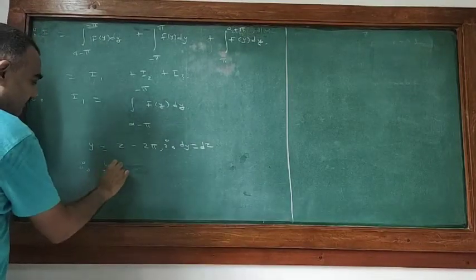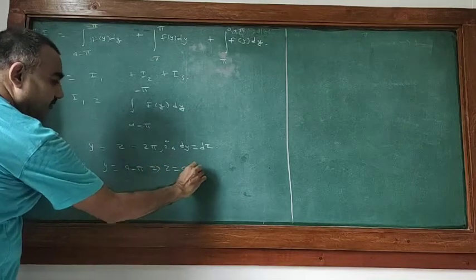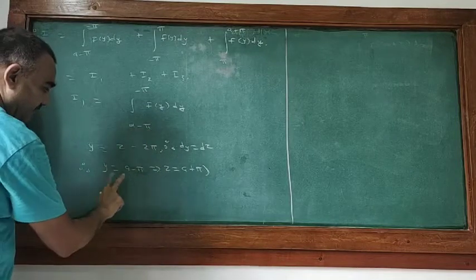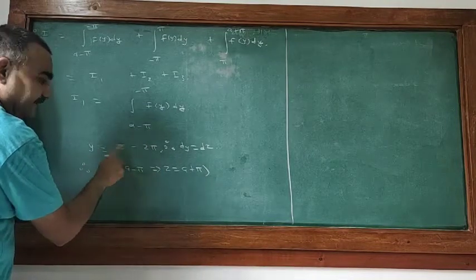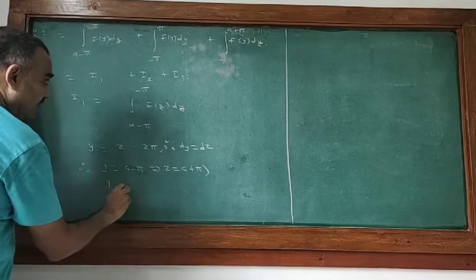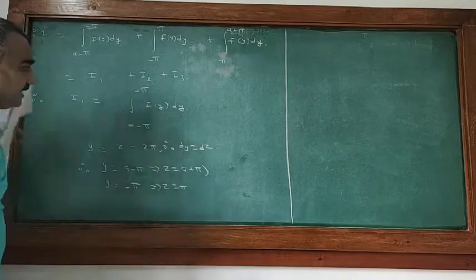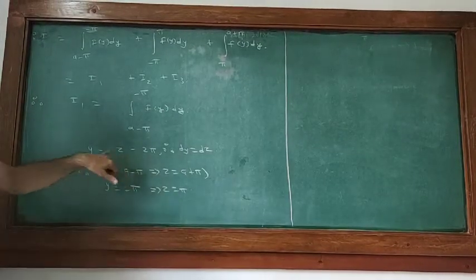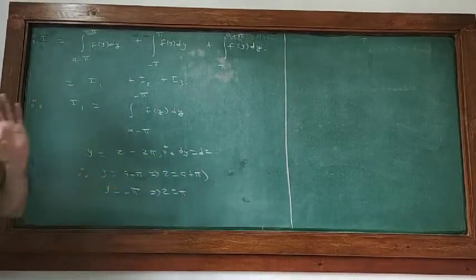If y equals a minus pi, put this value here, then z equals a plus pi. And y equals minus pi, therefore z is pi. Clear? If y is minus pi, z is pi.